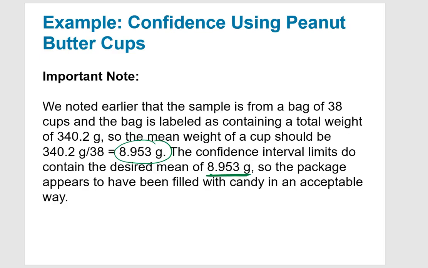This value was between 8.5901 and 9.0213. So our package appears to have been filled acceptably with the Reese's peanut butter cup miniatures. So this is why we do all this, because we want to make sure that, you know, we're getting our bang for our buck and they're not gypping us on our peanut butter cups.